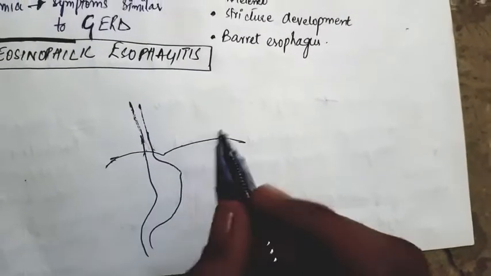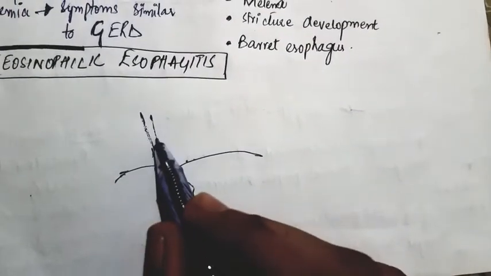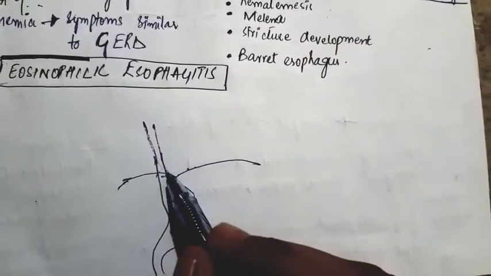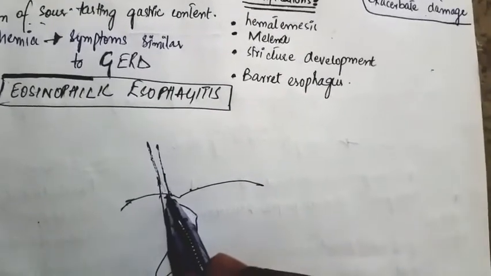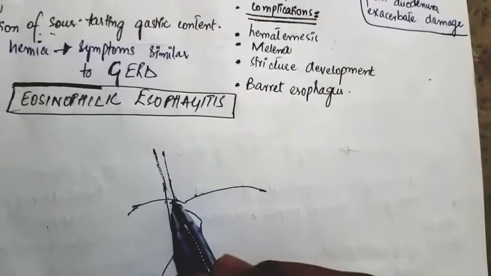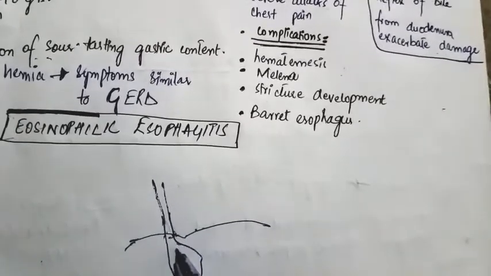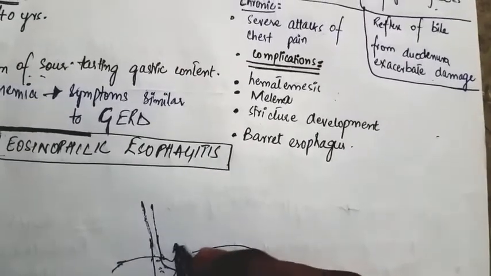These are the crura of the diaphragm. This is the esophagus, which is passing through this crura of the diaphragm, and this is the stomach. And in the hiatal hernia, there is a separation of the diaphragmatic crura and protrusion of the stomach into the thorax.